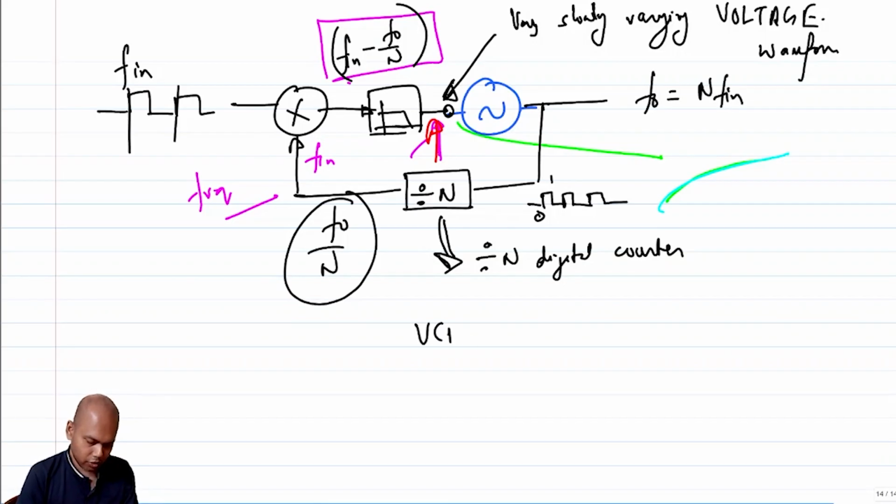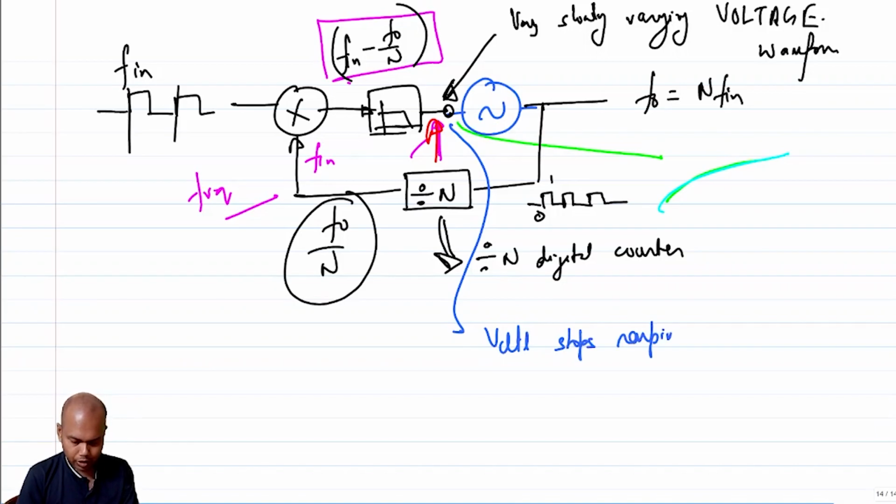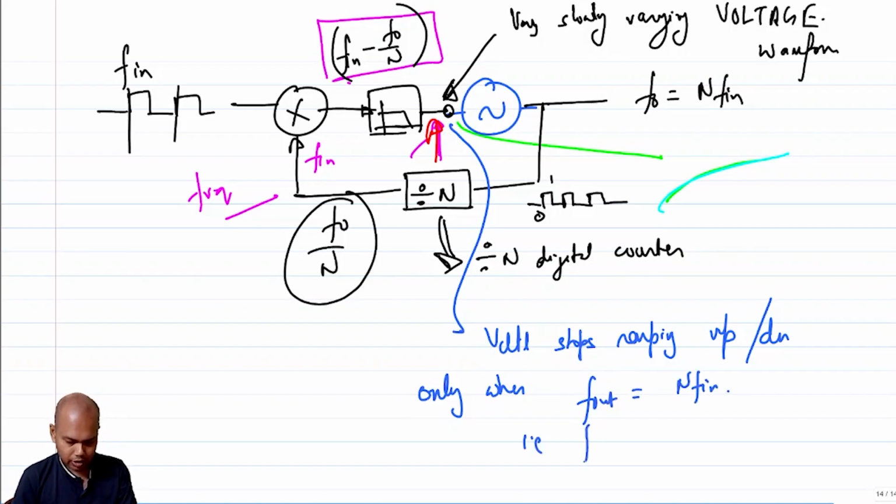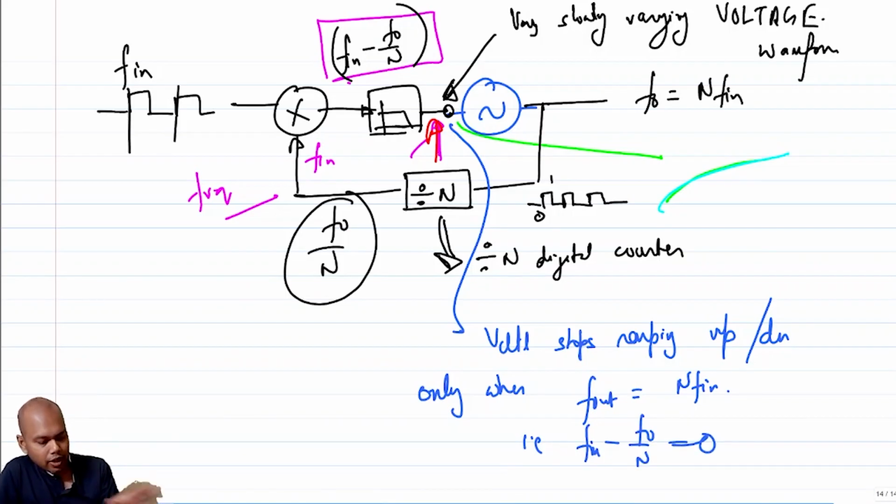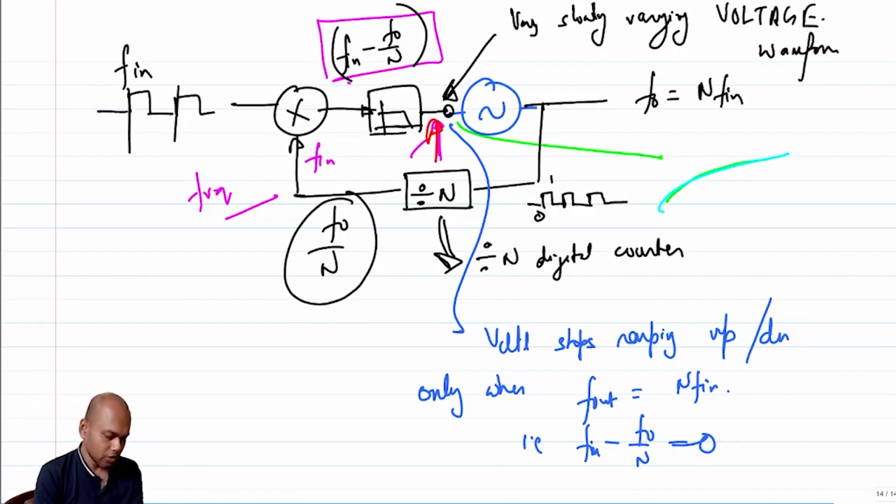So the VCO control voltage, let me just call this V control, stops ramping up or down only when F out becomes N F_in, i.e. F_in minus F_naught by N is equal to 0. Right? So hence your frequency gets locked to N times F_in. So this is called a frequency lock loop, or FLL.